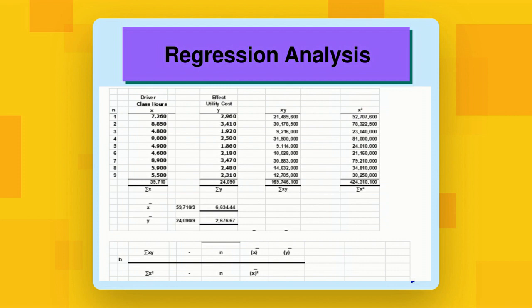And we also have here Y average, so 24,090 divided by 9, so you have here 2,676.67.